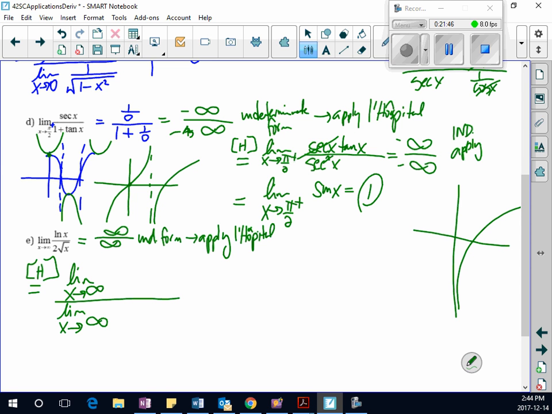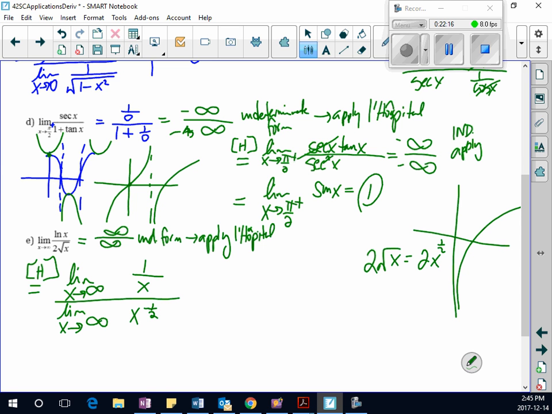Anyways, who remembers what the derivative of ln x is? Very good, Rachel. 1 over x. Okay, so what would the derivative of 2 square root of x be? The square root of x is the same thing as x to the power of half, right? So what would the derivative of that be? Yeah, 1/2 x to the power negative a half.